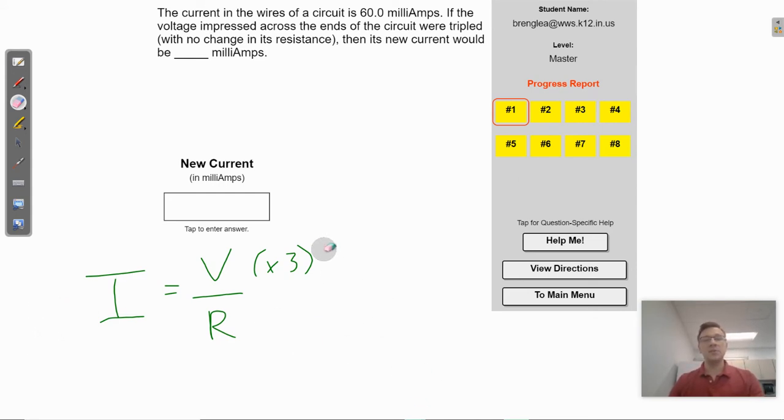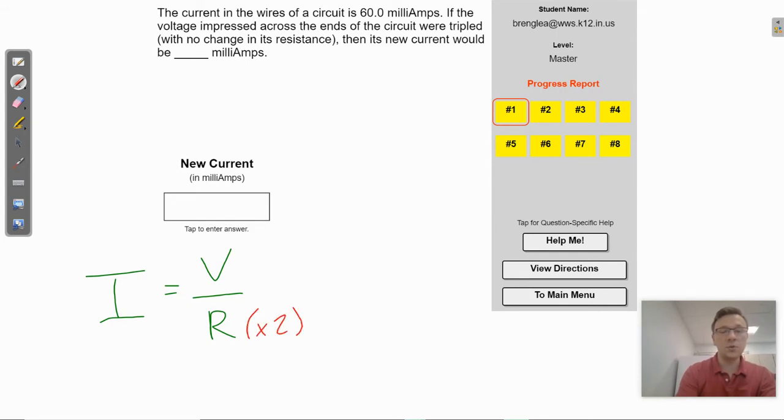And then resistance is in the denominator. So with the resistance, it's actually going to be opposite, right? Current and resistance are inversely proportional, meaning that if resistance goes up, then current goes down. If resistance goes down, then current goes up. So if I were to multiply the resistance times 2 and make it larger, then my current would be divided by 2.